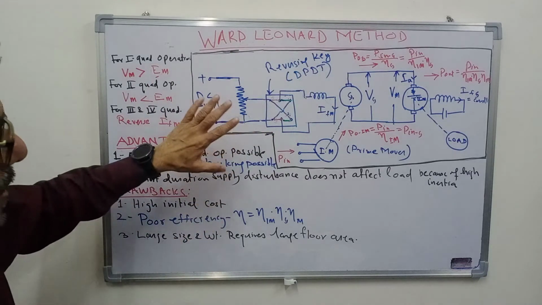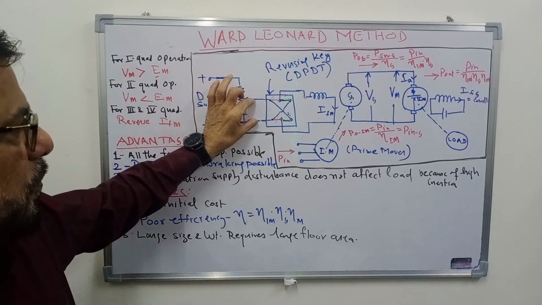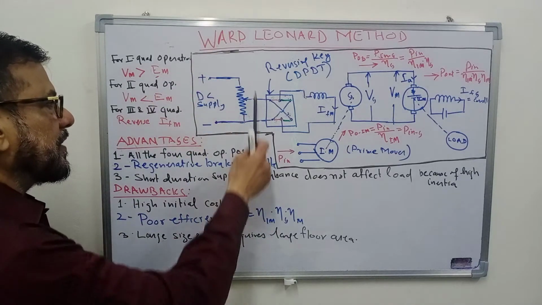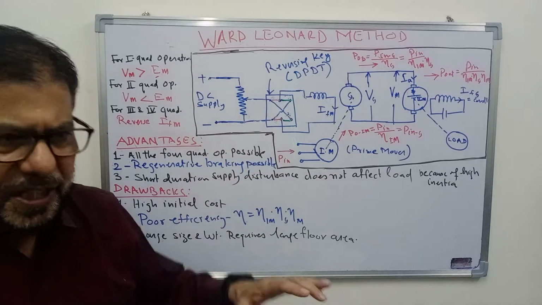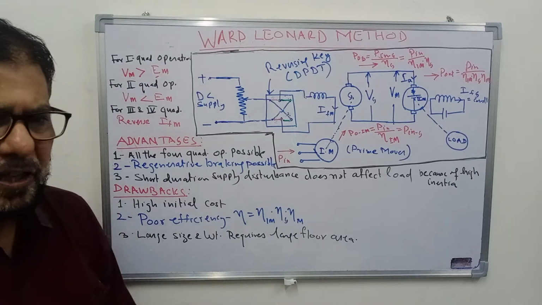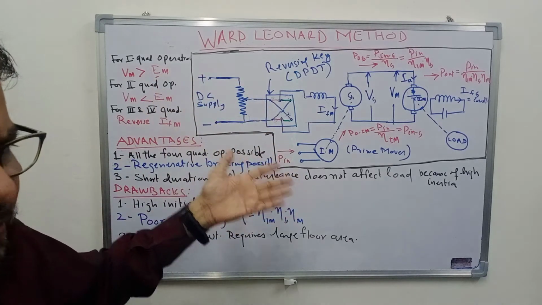So in this scheme you have to vary the voltage here, and I have shown one example, a potential divider. It can be a low power controlled rectifier also, or you can get it from some low power DC converter.